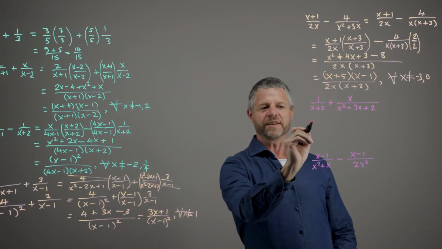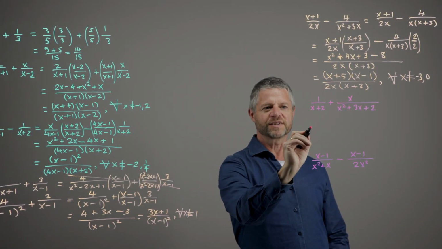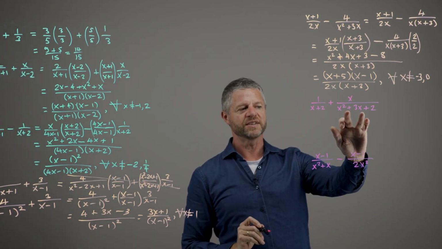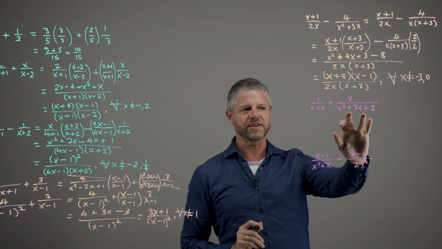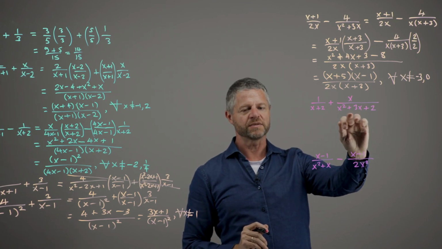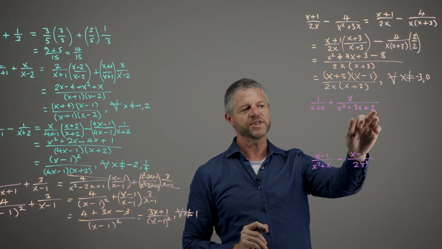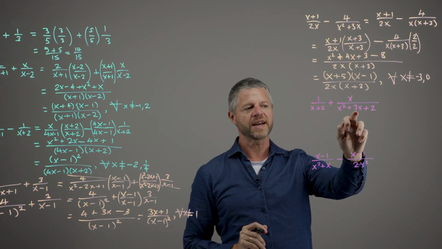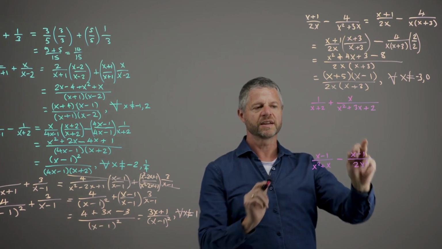So hopefully you found the following two results. So for the first one, first thing we're going to notice is that that quadratic in the second rational expression, we can factor that because we just have to find two numbers that multiply together to give us 2 and add together to give us plus 3.